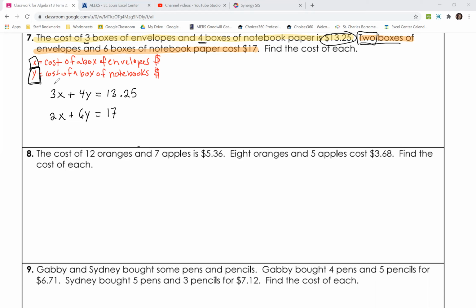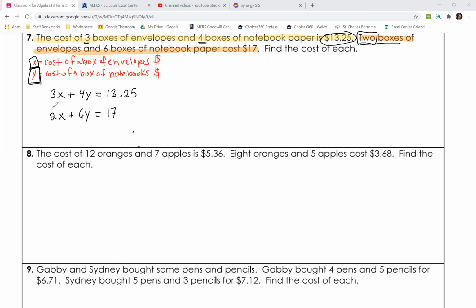All right. But I do notice that none of my coefficients are common. So I'm going to have to multiply. I'm going to choose to eliminate my x's just because they're a little bit smaller coefficients. I can't turn 2 into 3 by multiplying, right? 2 times nothing is going to give me 3.